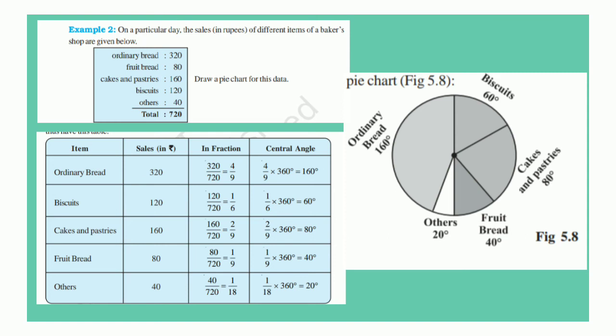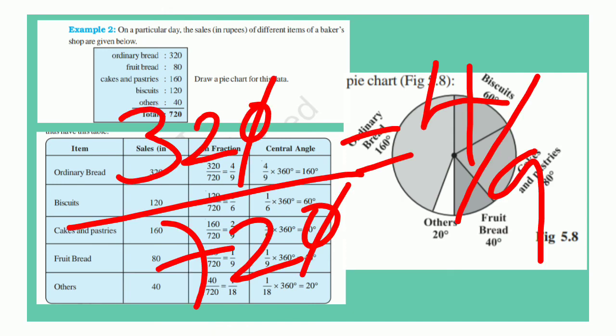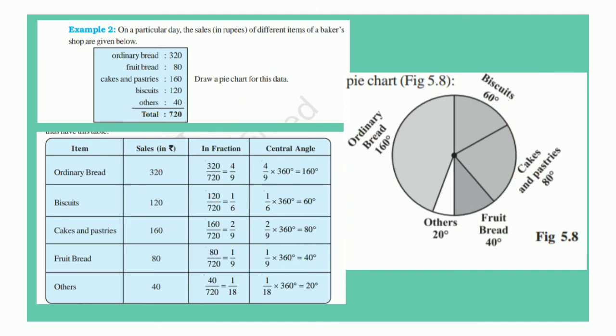So ordinary bread, biscuits, cakes, fruit bread, and others in the first column. Second column says 320, 120, 160, 80, and 40. Then in the third column we write the given data as a fraction. How to write it as a fraction? 320 out of 720. So 320 divided by 720 is equal to 4 by 9. Next 120 divided by 720 is equal to 1 by 6, and so on.